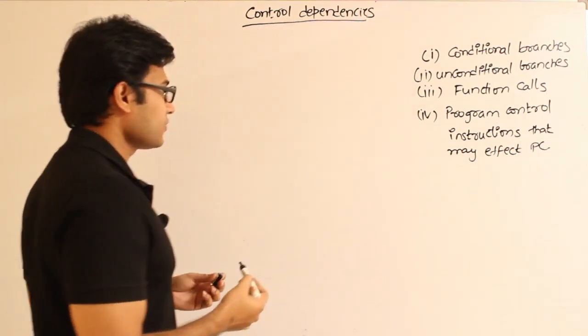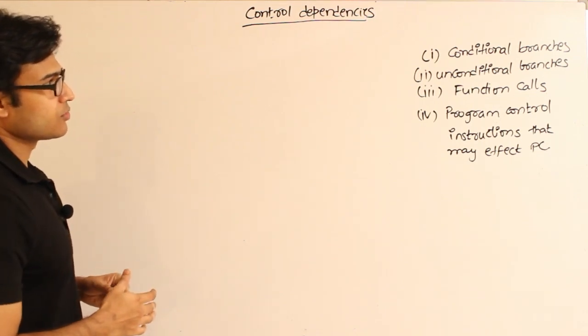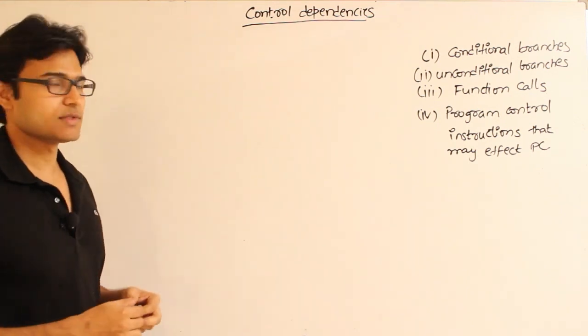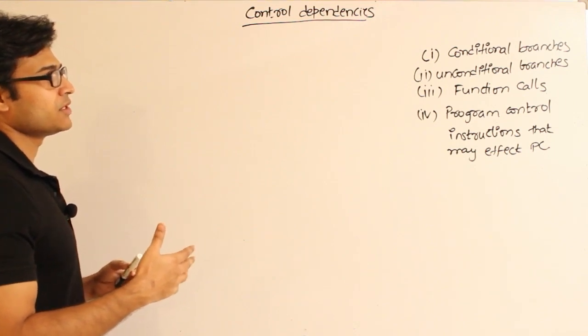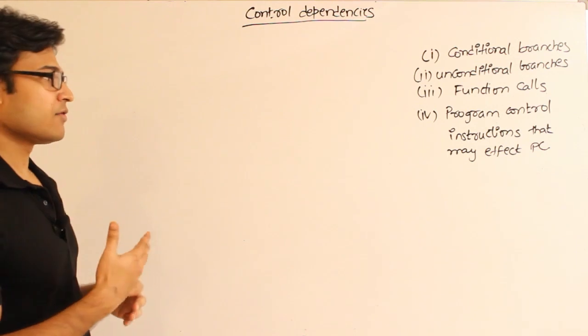So these are the four types of instructions because of which we may not be able to continue the program in a sequence, which means the next instruction to be fetched may not be the one in the sequential order. The order may vary.